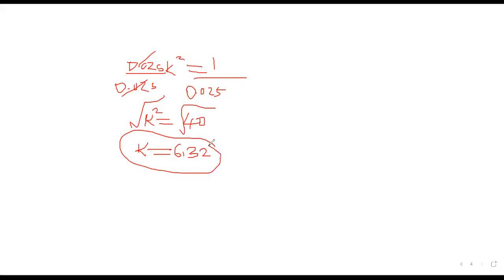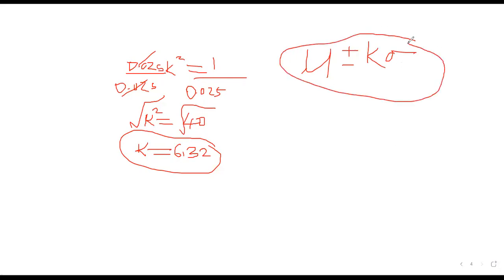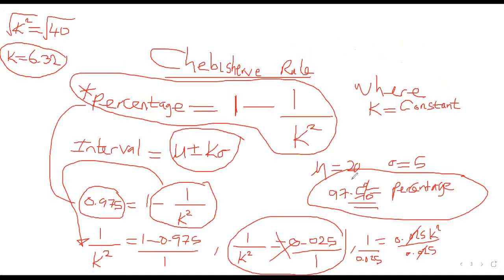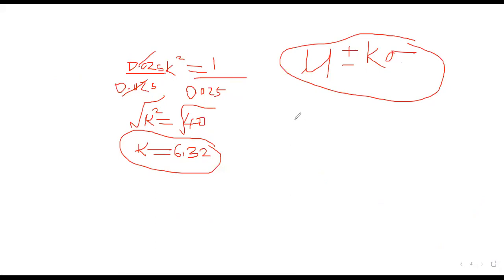Now, the interval for Chebyshev is given by mu plus or minus K times the standard deviation, where K is a constant. The mu was given: if you check, mu is 20 and the standard deviation is 5.